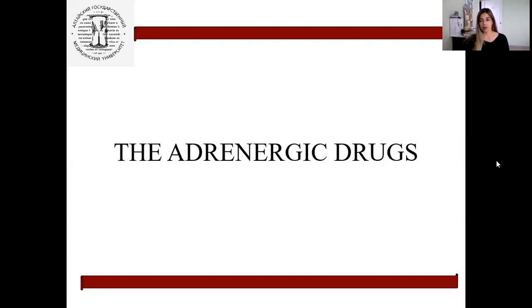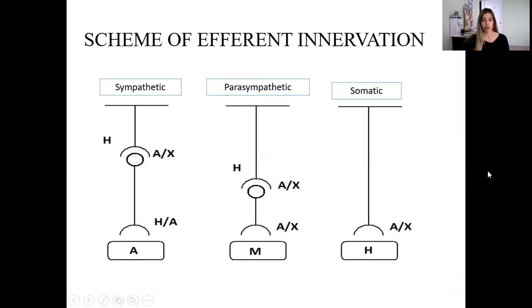And let's revise a little bit of information from the previous lecture. So we have the three parts of efferent innervation, which are the sympathetic nervous system, parasympathetic nervous system, and the somatic system.